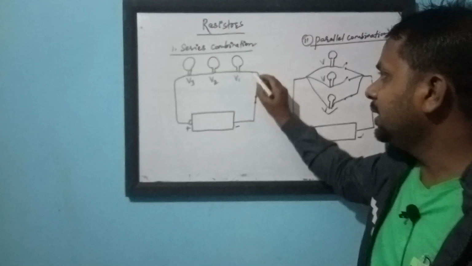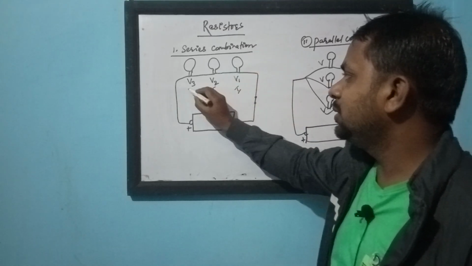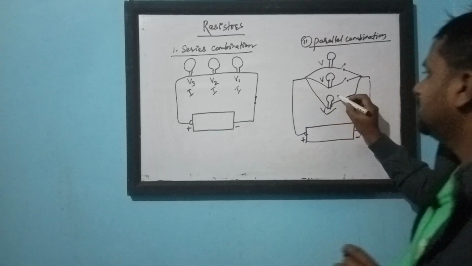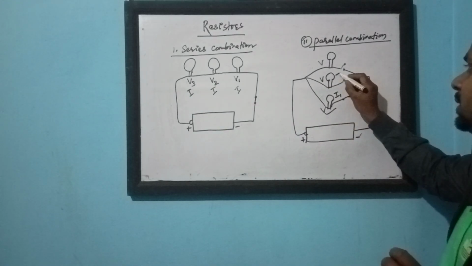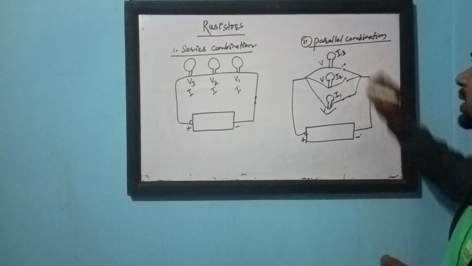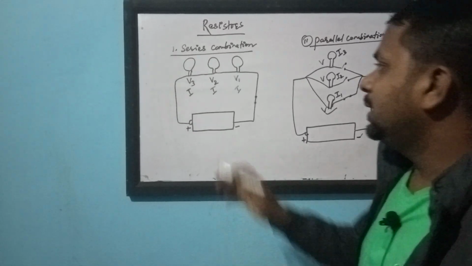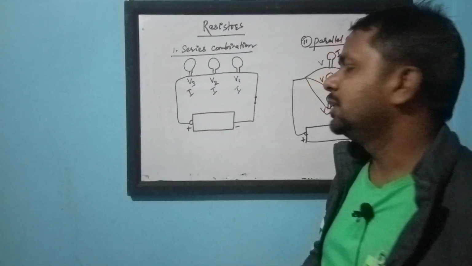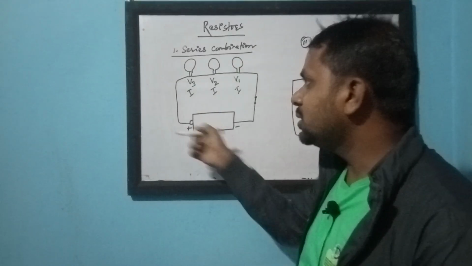In series, the current will be the same for every resistor, but in parallel, the current value will be different. Suppose this is I1, here current is I2, here current flowing is I3. Then let us find the equivalent resistance of this whole circuit.